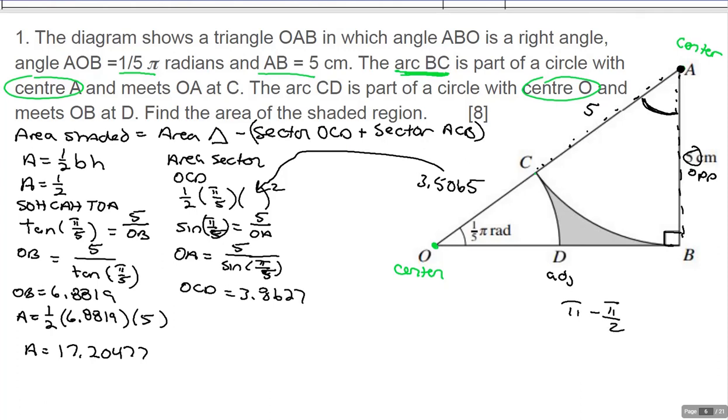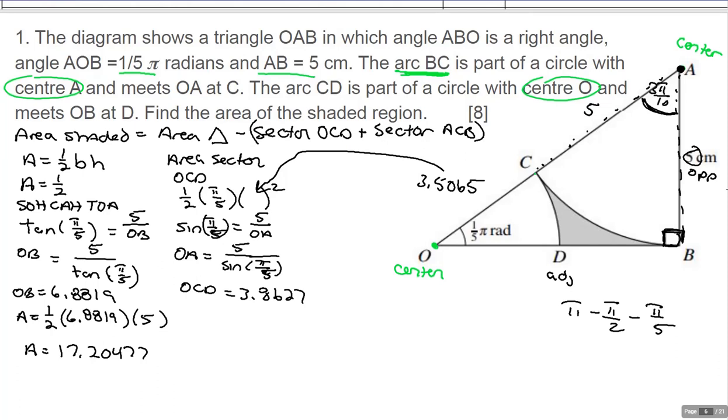Do you mean pi over 5? Well, I'm talking about this corner over here, right? Oh, right. Okay, so sorry. But then you're right. I also used up pi over 5, right? So what's pi minus pi over 2 minus pi over 5? Three tenths pi. So I'm going to say 3 pi over 10.